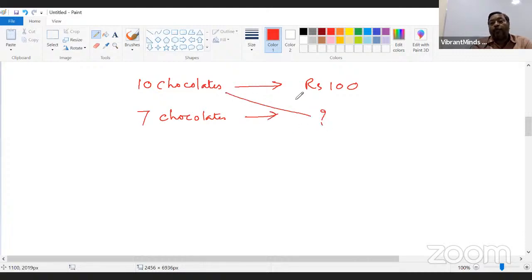So we multiply, and that gives us 7 into 100 divided by 10, and that gives you 70. So percentage follows this method, direct variation. Am I clear with it?